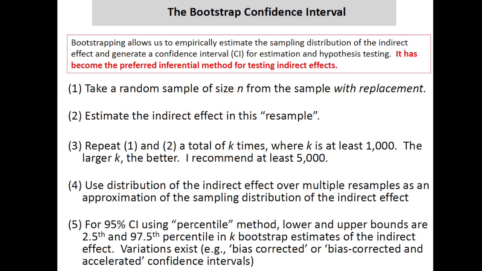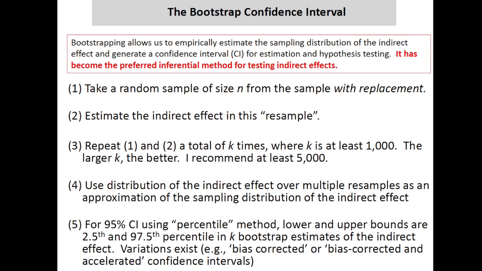Bootstrapping as an inferential method has been around for quite some time. But this is a place where it seems particularly well suited, because we're dealing with a situation in which the sampling distribution of a product, this product of A and B, has a fairly irregular shape. That shape has been analytically derived, and it's relatively difficult to work with mathematically.